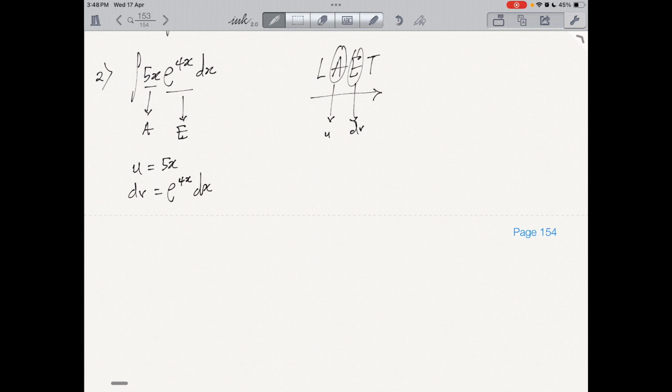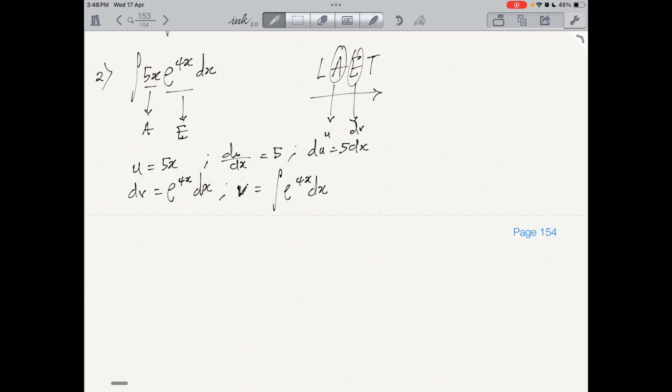Now, if u is equal to 5x, then du/dx is equal to what? 5. Therefore du is equal to 5 dx. Then our v will be the integral of exponential 4x dx.